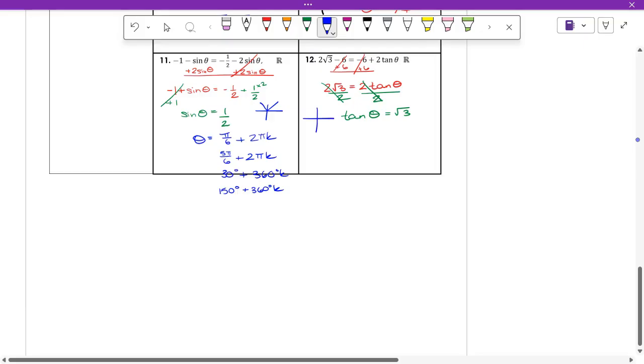So I'm going to have positive square root 3 up here as well as here. So my theta is going to equal pi over 3 plus 2 pi K, as well as over here in this quadrant, that's going to be 4 pi over 3 plus 2 pi K.